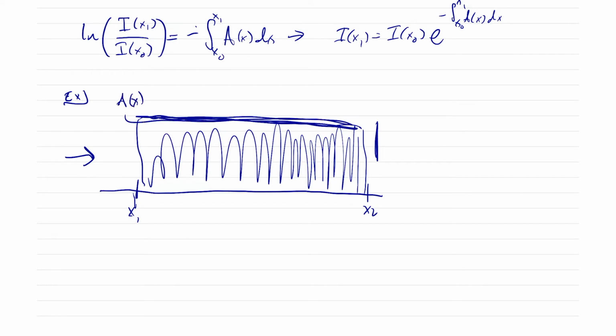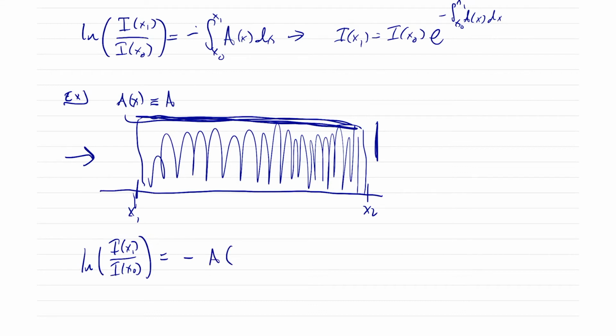So basically what we get then is the natural log of I of x1 over I of x naught. And later on, maybe we'll just call this I1, I naught. And this is equal to minus, say, we'll just say this is at height a.